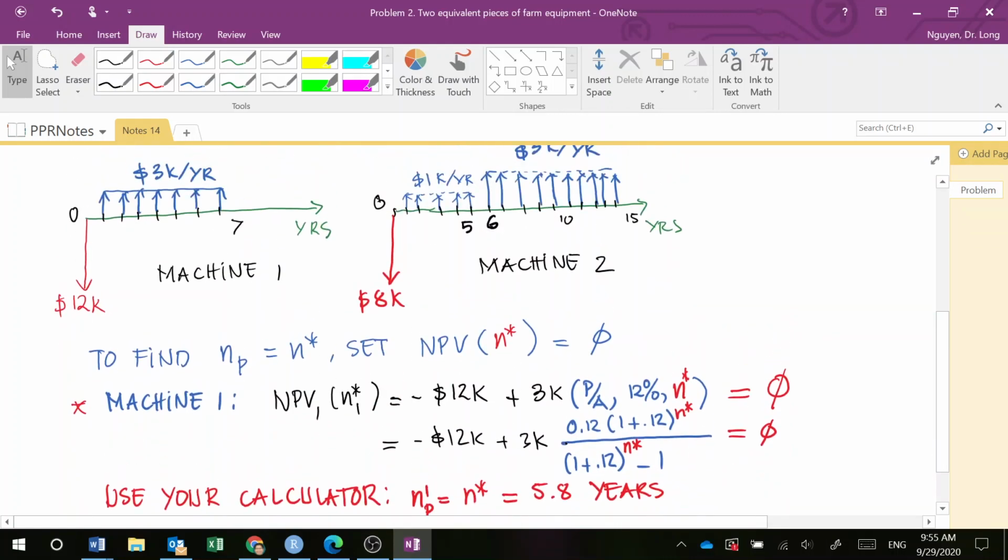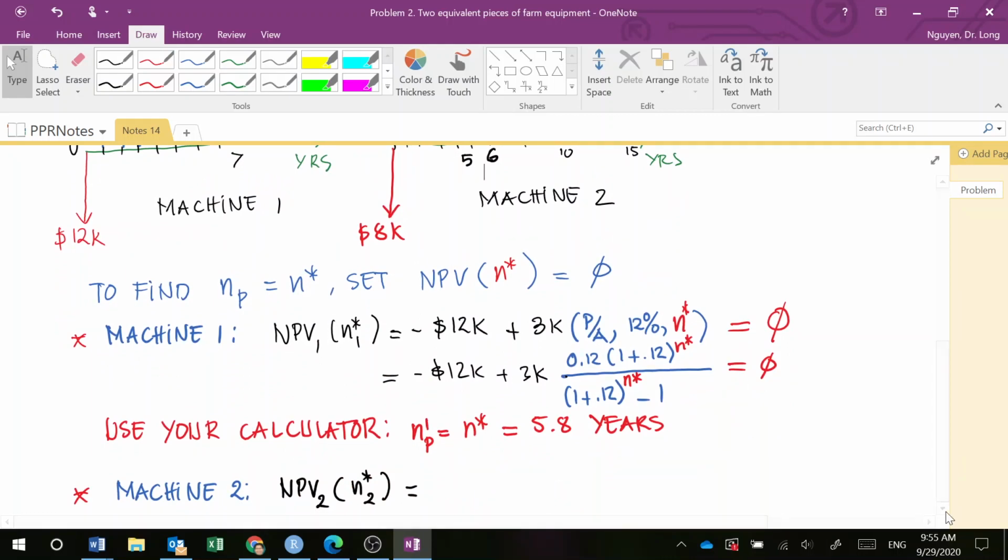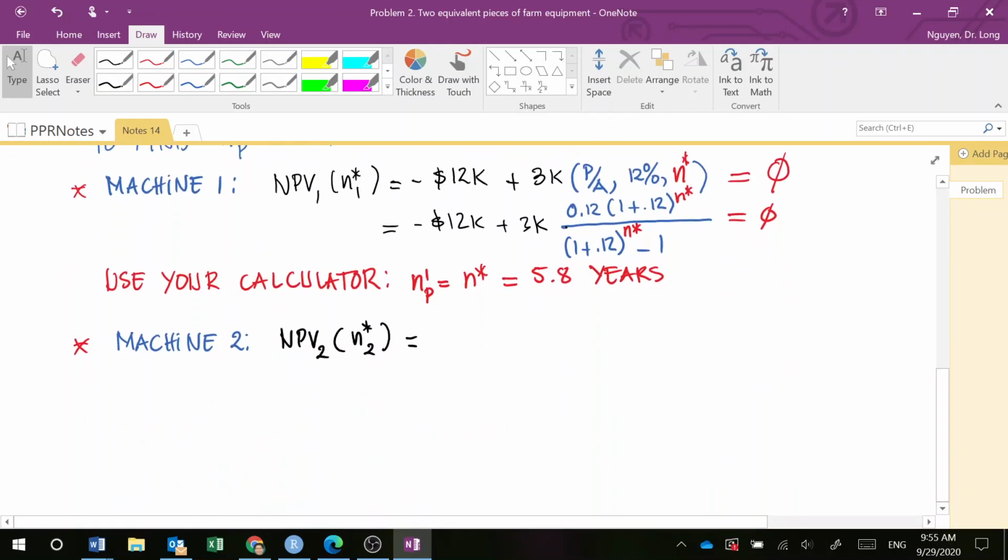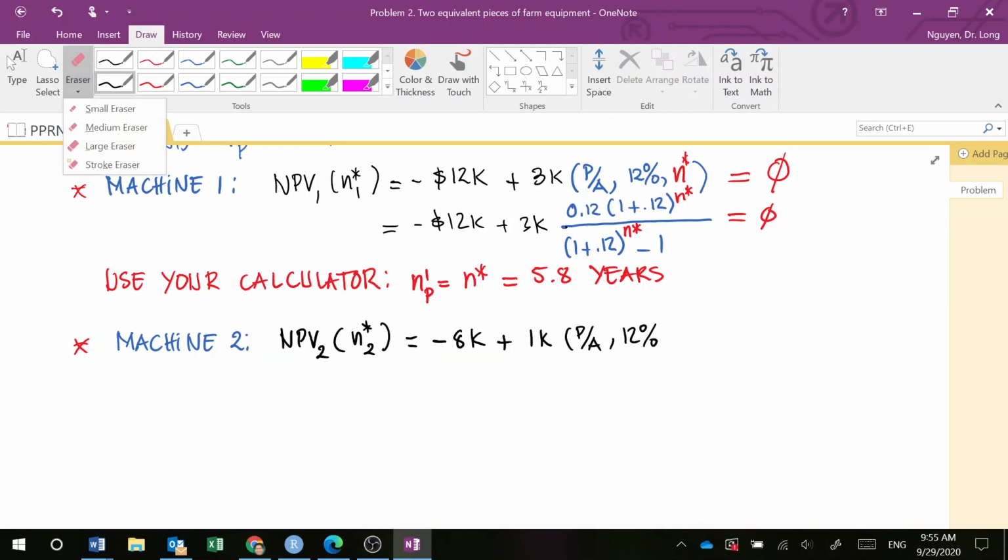Okay, so with that, we can bypass the first 5 years and write the equation down. It's negative, and that's very important: negative 8,000 plus 1,000 for the first 5 years, so P over A, 12%, and 5 years. I'll write another color for this factor so that it's easy to differentiate.